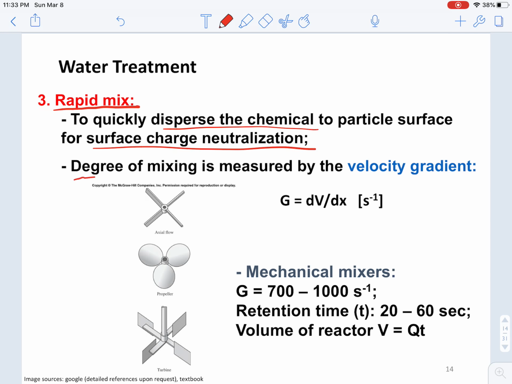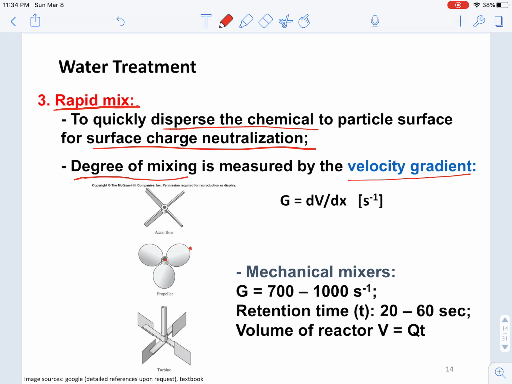A value that can describe the degree of mixing is the velocity gradient. Based on this name, you can see how the velocity gradient is calculated, right? It is just dv divided by dx. If you think of a propeller here, this is the velocity gradient from the edge of the propeller compared to the inside of the propeller, right?